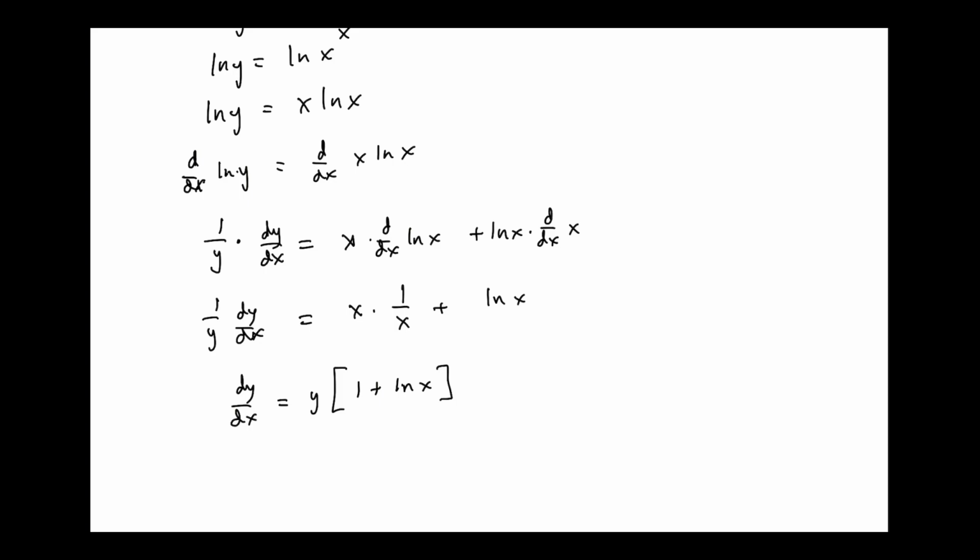Okay, and then one further step. So what was y? x to the x. That's what we started with at the very beginning, right? So I get here 1 plus natural log of x times x to the x.